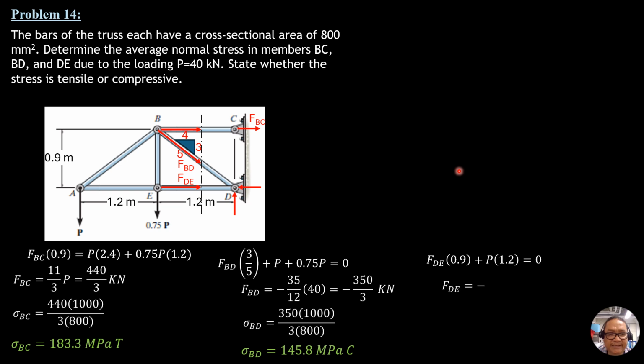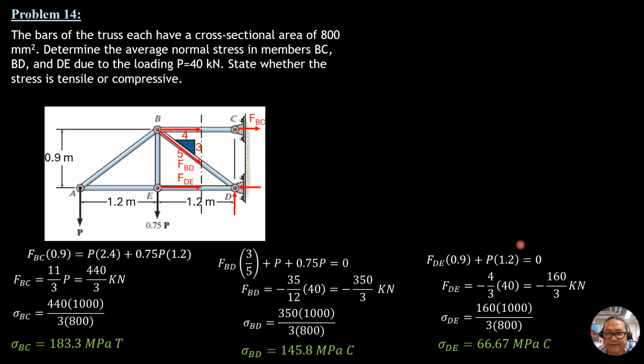So FDE is negative 4/3 of 40, so negative 160 over 3 kilonewtons. Then we compute the stress, negative 160 times 1000 over 3 times 800. It is in compression because again the force is negative. So stress in DE is equal to 66.67 megapascals.